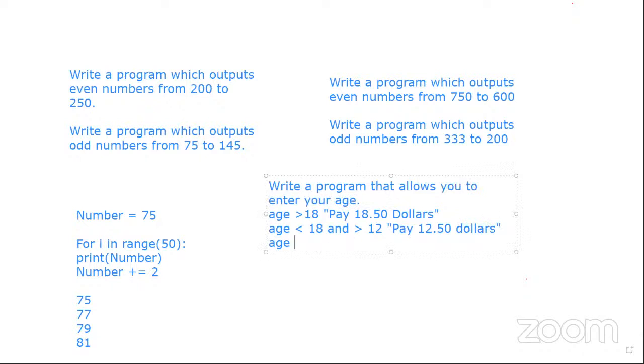And if you are younger than 12, I want you to write a statement that says you do not need to pay. All right, so use if statements to write this. This shouldn't be too hard if you know if statements.